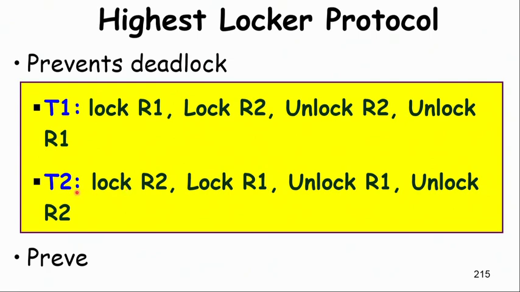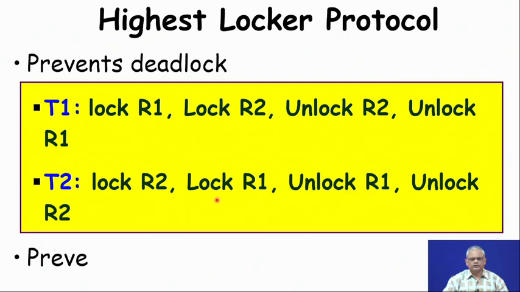Let us assume T2 is the lower priority, it locks R2, but once it locks R2, the priority of T2 gets increased at least to equal to T1, and therefore, T1 cannot become ready, cannot get the CPU to lock R1, and therefore, T2 runs, locks R1, then unlocks R1, R2, etcetera.